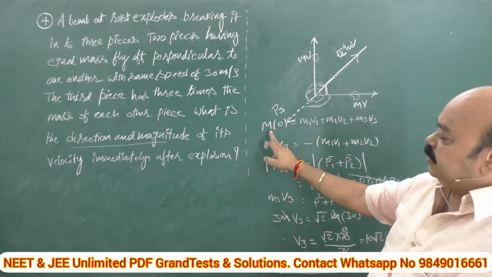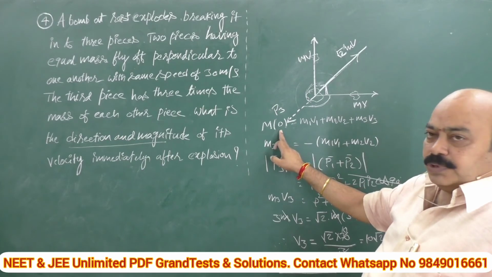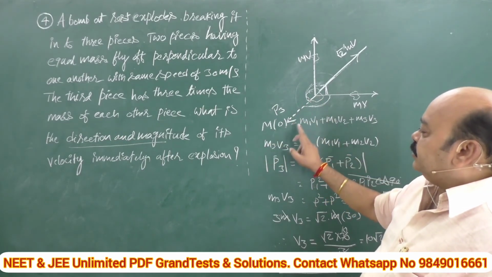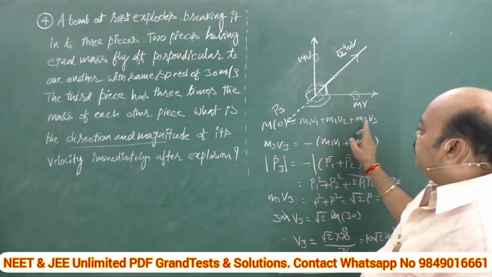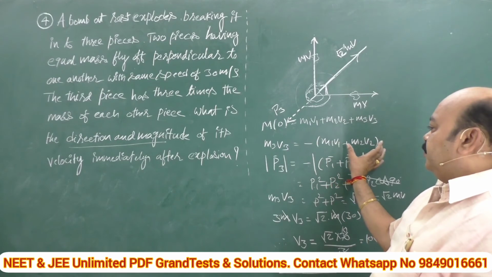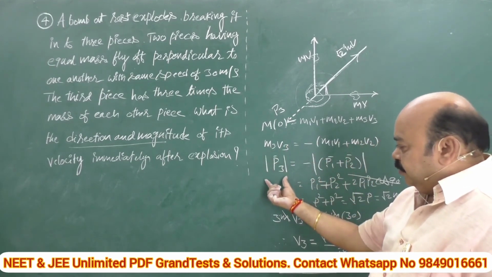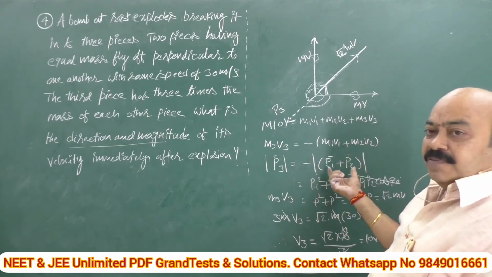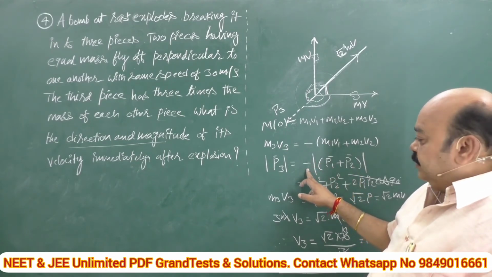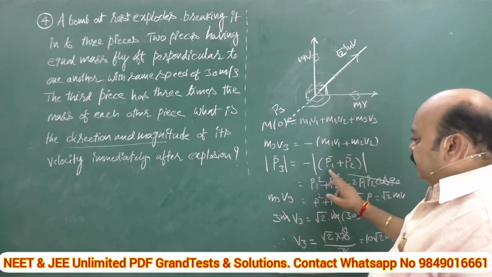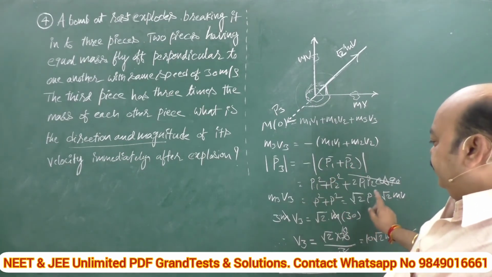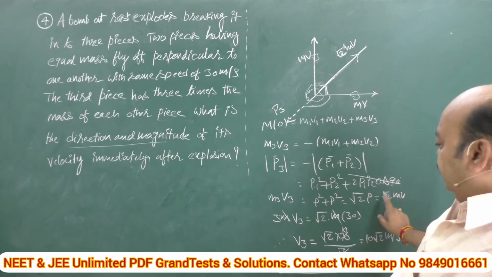Total momentum before explosion is given as capital M into 0, because initially it is at rest. M1 V1 plus M2 V2 plus M3 V3. M3 V3 is nothing but minus of M1 V1 plus M2 V2. That means the momentum of the third piece is equal to the sum of the two, but in opposite direction. Applying the vector technique, since these two are moving perpendicular to each other, the cos 90 term gets cancelled.